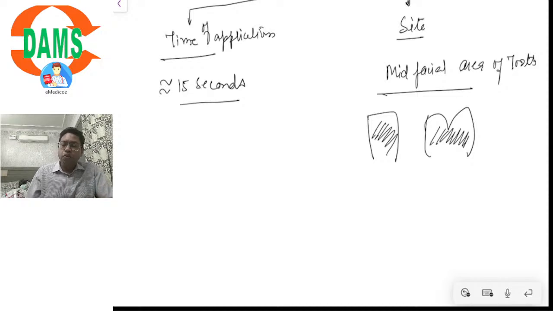Okay. Now, whenever we apply a cold testing agent like solid carbon dioxide or ethyl chloride or green endo ice, it is not directly applied to the tooth. It is applied with a number 2 cotton pellet.